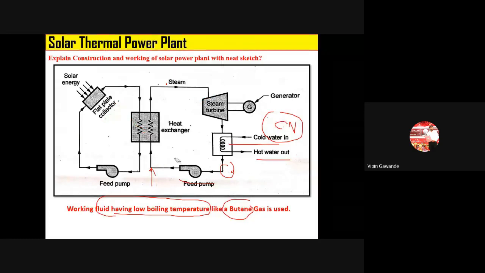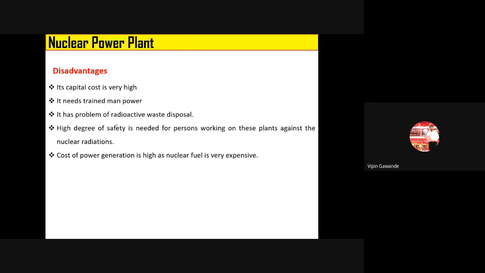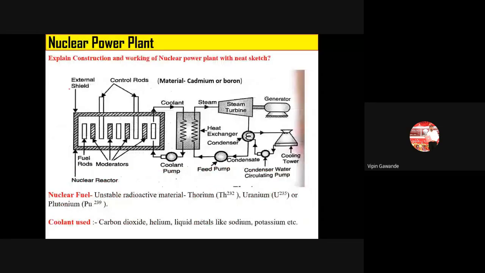See, for each and every plant, what we are changing? We are changing only the left-hand side part. In solar thermal power plant, we are using here flat plate collector. In nuclear power plant, we are using the nuclear reactor. This part is same.